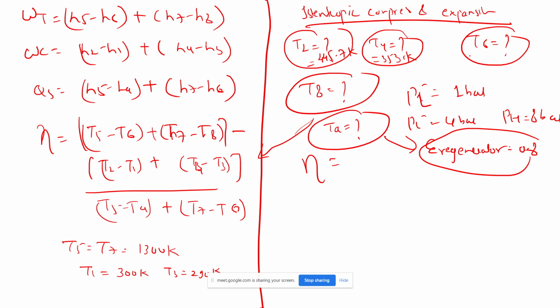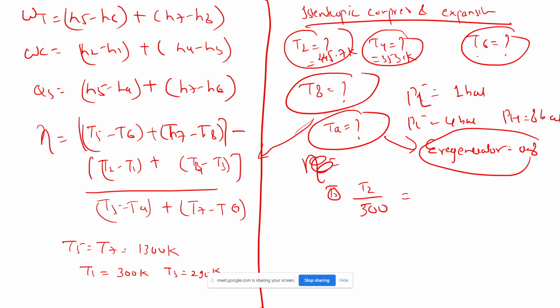And T6. Just use that, I'll show you. For the isentropic process we already know T2 upon T1 equals the pressure ratio to the power gamma minus 1 upon gamma.